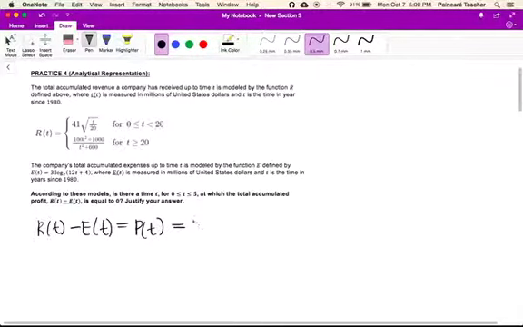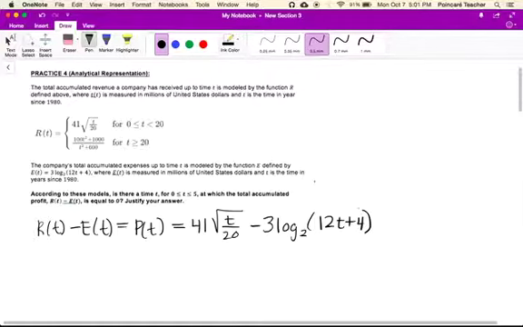So RT needs to be 41 times the square root of t over 20, and then minus E of t, and there's only one function for that. It's given in the problem here. So it's 3 log base 2 of 12t plus 4. So that's the function we want to use.